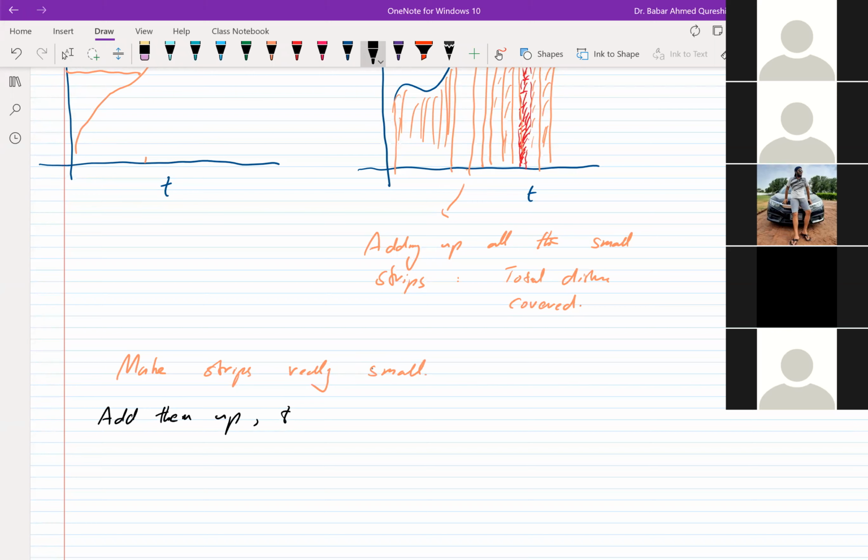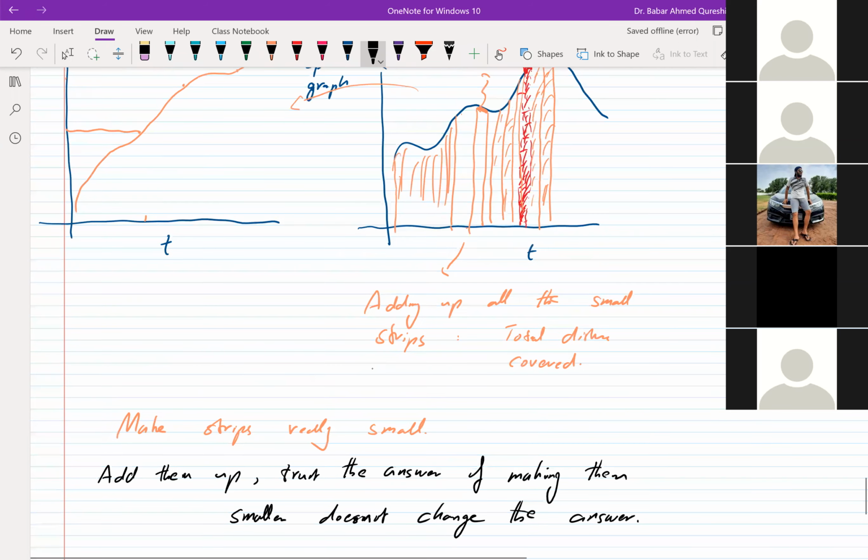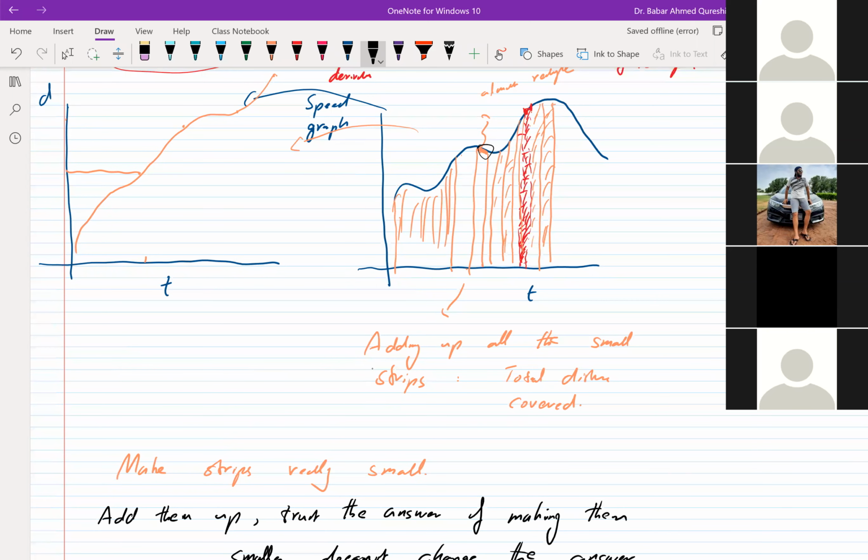Trust the answer, if making them smaller doesn't change the answer. So that's the final step of taking the limit. Since you are incurring some errors over here, but you make them so small that these errors finally do not play a role.